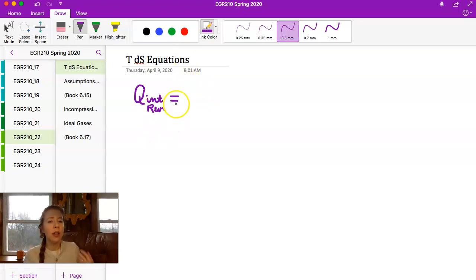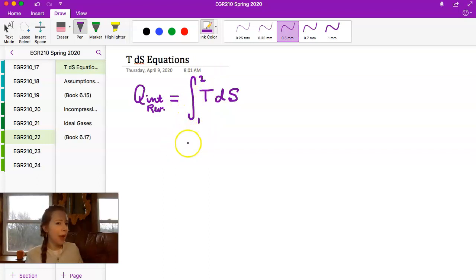And so the heat transfer for an internally reversible process is going to be the integral from state 1 to state 2 of temperature times the change in entropy, TdS. And this process is path independent.